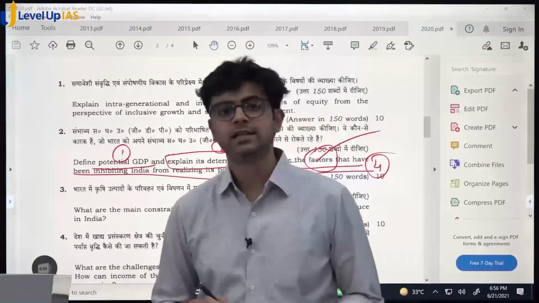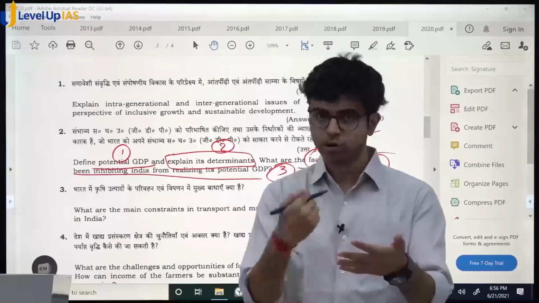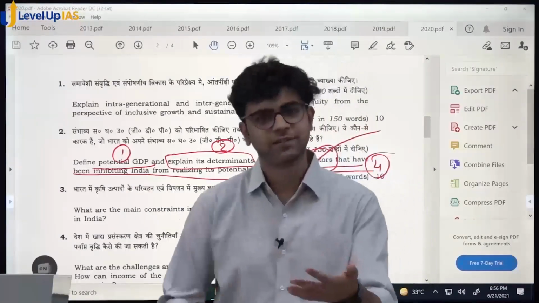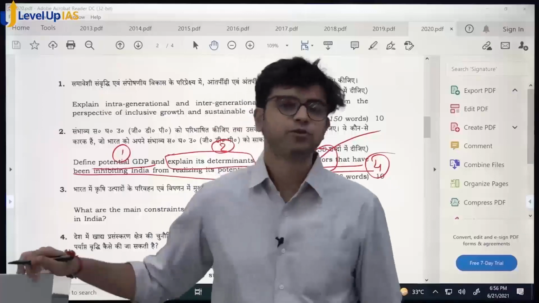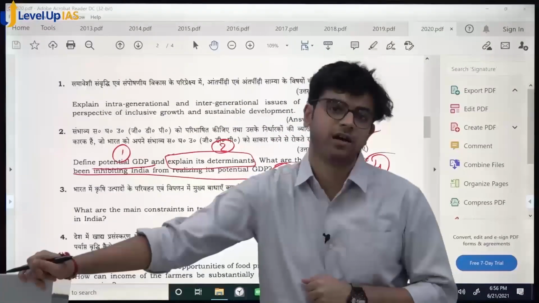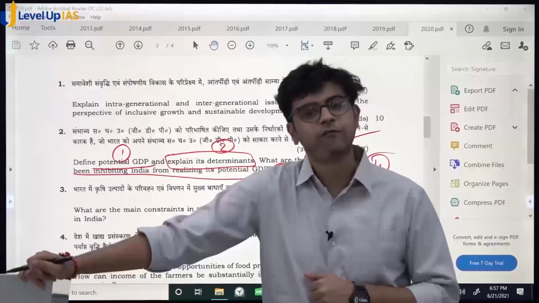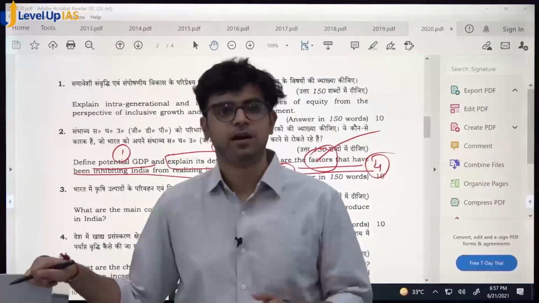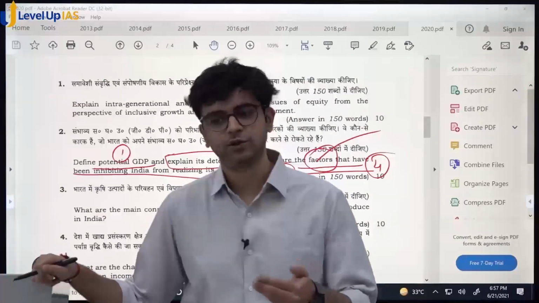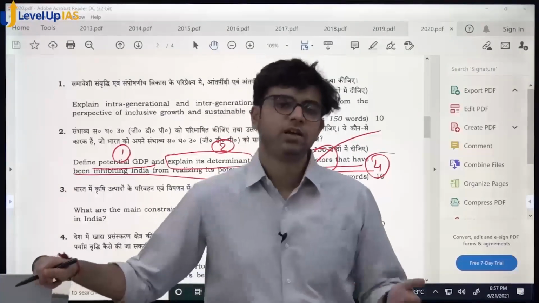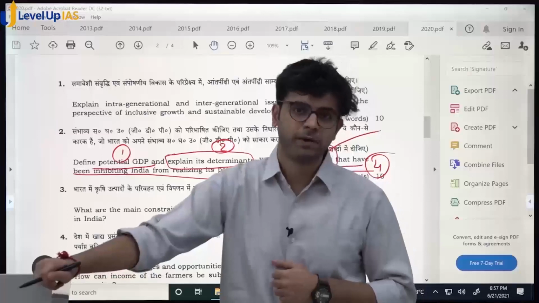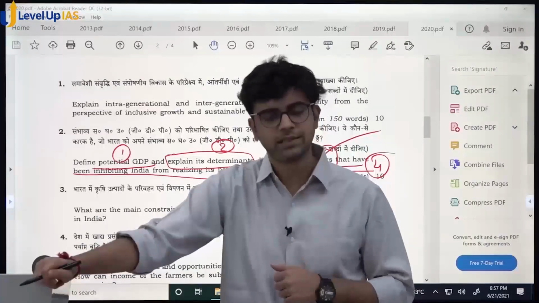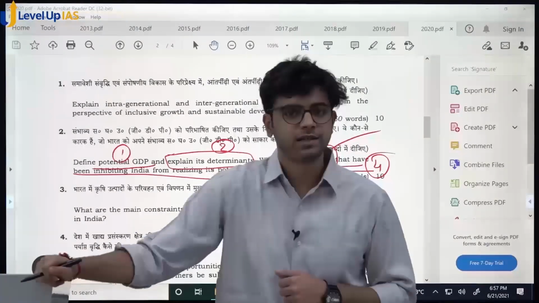just imagine you are reading this answer. You read define, you read key determinants, you read key these are the factors. Something is missing. Kuch meetha baki hai, some dessert is missing in your answer. Okay, you have written all the causes. So when you go to the doctor says ki, your body temperature is high, your weight is very low, your BMI is very low basically, and your bone density is also low.